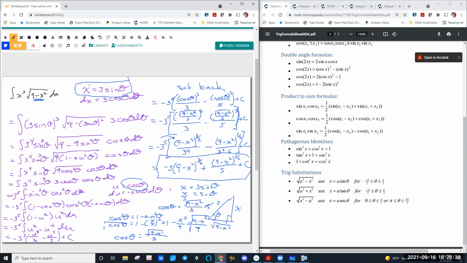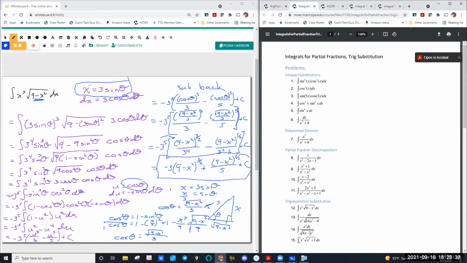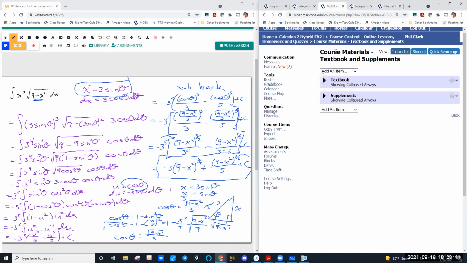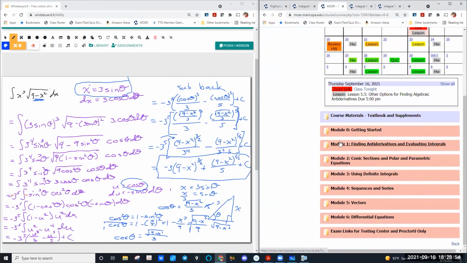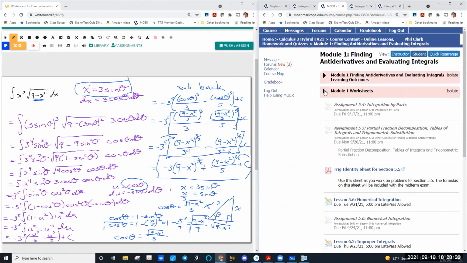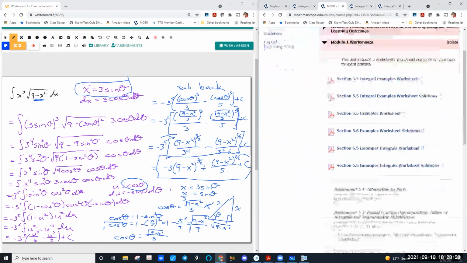hand. Guys, we only have 2 minutes left, so I'm not going to get to the other examples, but I will send you the solutions, and I'll show you where they are right now in course materials. So this is in course content, course materials sorry, no. If we go back into the course, go back into course content, we're in module 1. I keep all the worksheets at the beginning of the module.